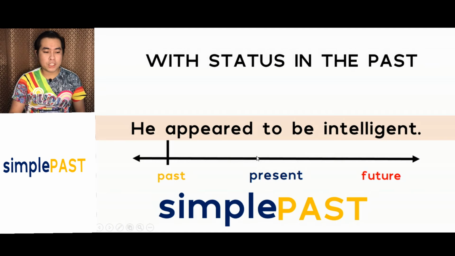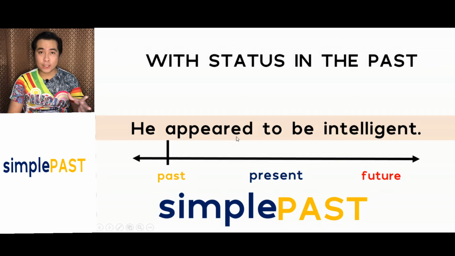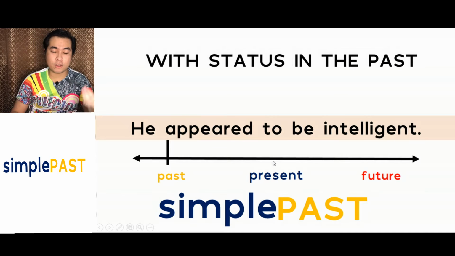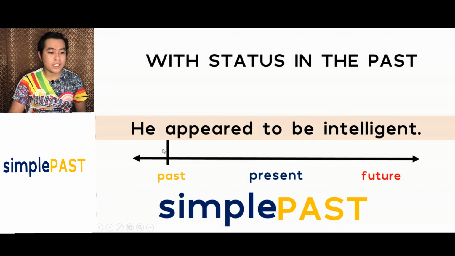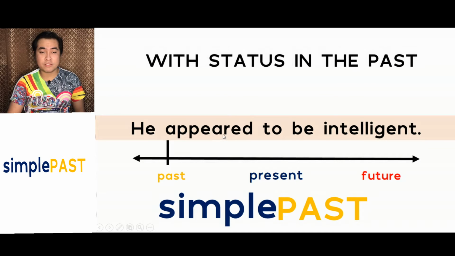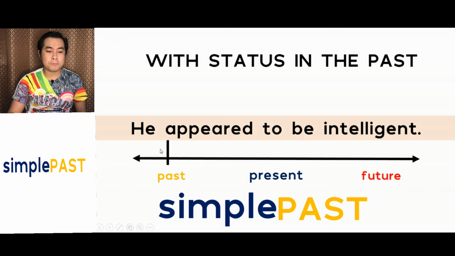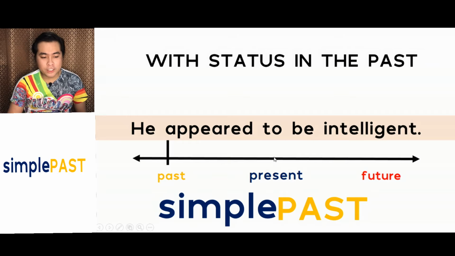So when you report it at present, you could say that this status or state of that subject, he, is not anymore observed, or has already changed at the present. For example, we use this verb: he only appeared intelligent in the past. So when we report it in the present, it's not anymore the case.